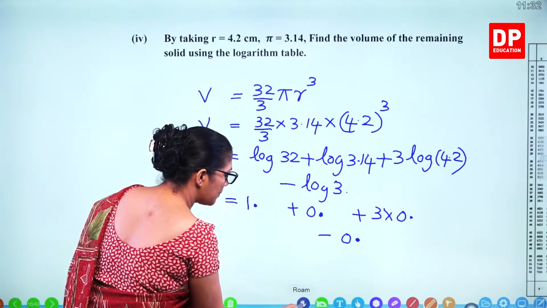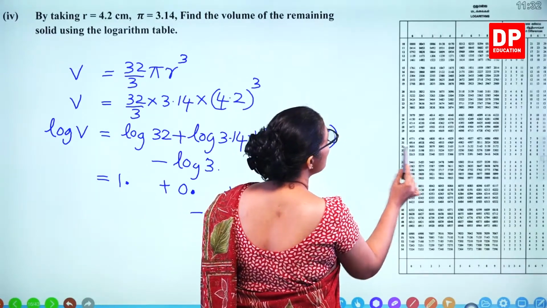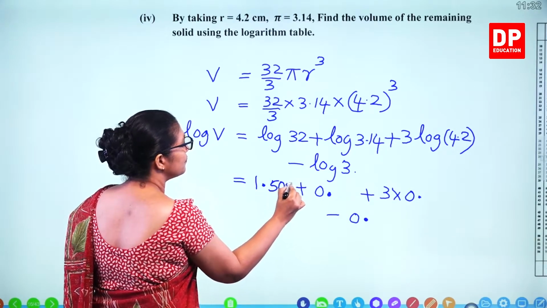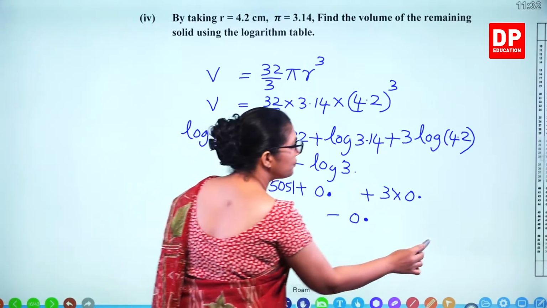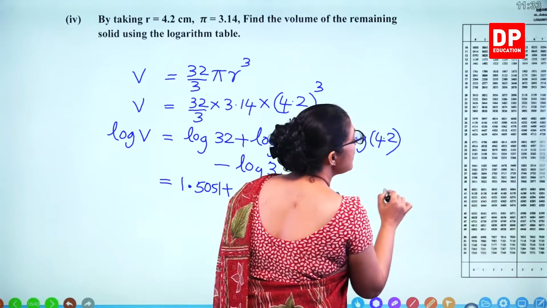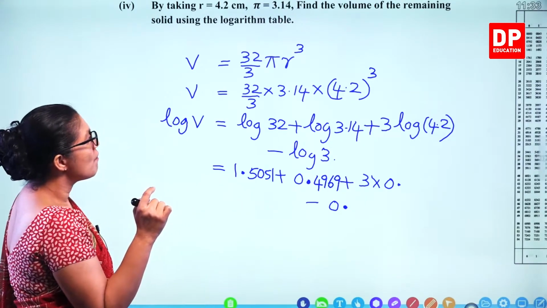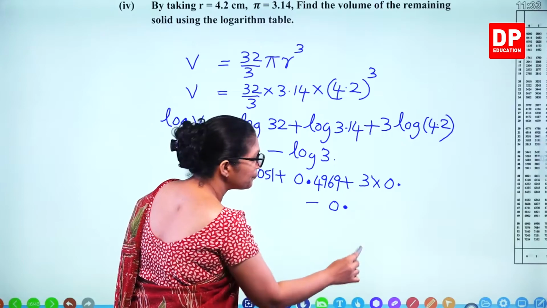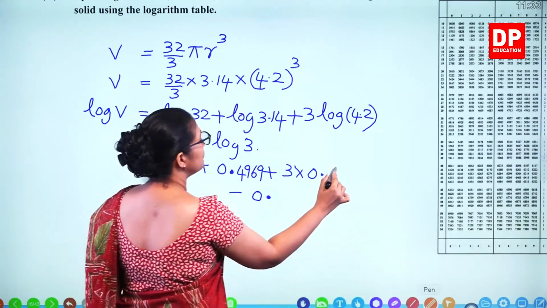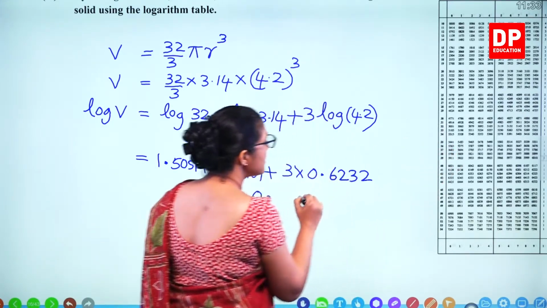So we'll refer the log tables. 32, 0, 50, 51. 31, 4. 49, 69. 4.2, that means 42, 0. 62, 32. 47, 7, 1.